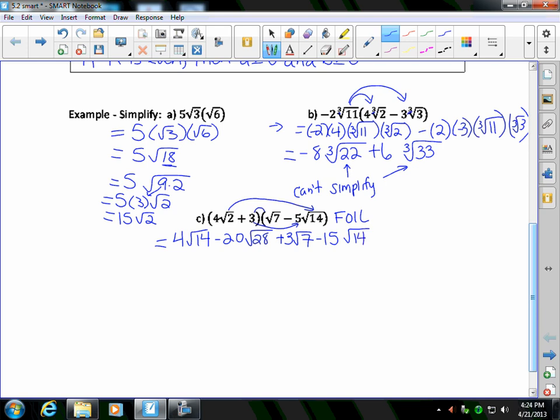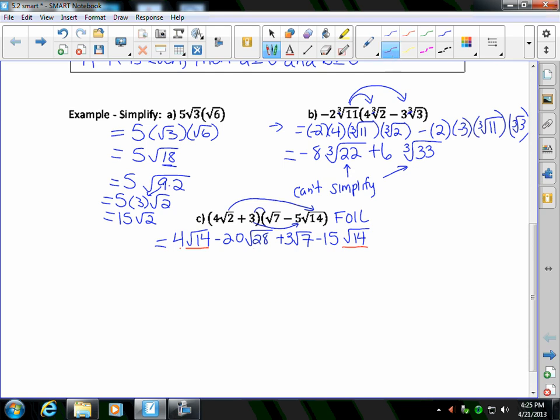So the next thing I'm going to do is see are there any that I can add together or subtract because they're like terms, and are there any that I need to simplify because they have a perfect square in them. So if I take a look here, I have square root of 14 and a square root of 14. So that makes those two like terms.